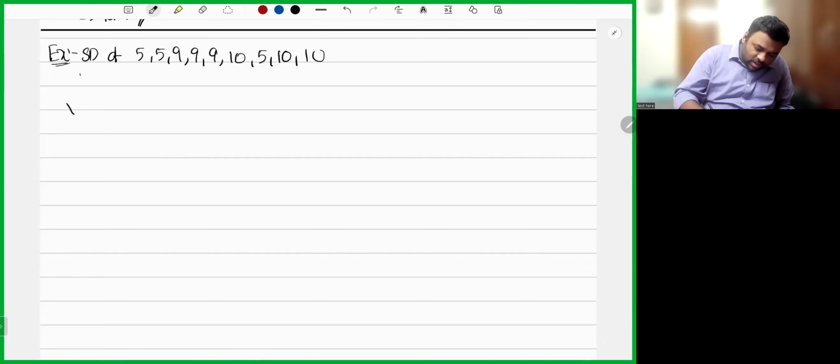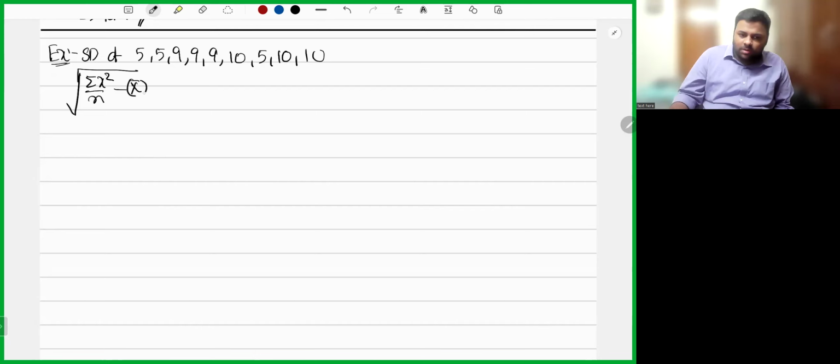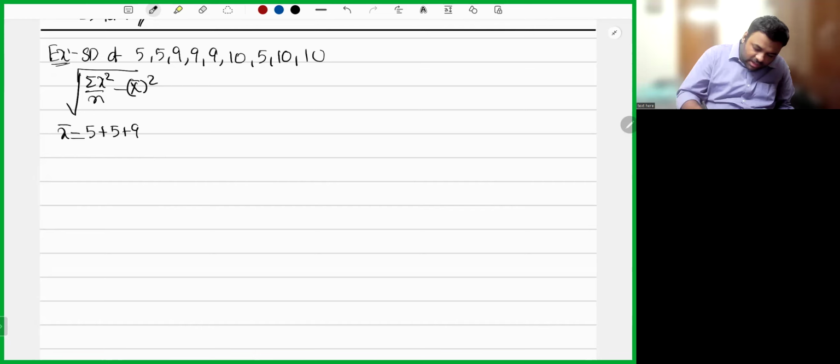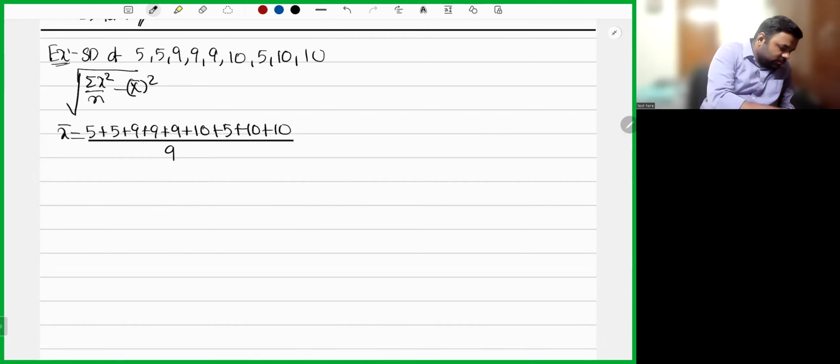Under root, summation of x square by n minus mean square. First, let me apply the second formula. What is the mean here? 5 plus 5 plus 9 plus 9 plus 9 plus 10 plus 5 plus 10 plus 10. I hope 9 observations are there. Let me calculate.